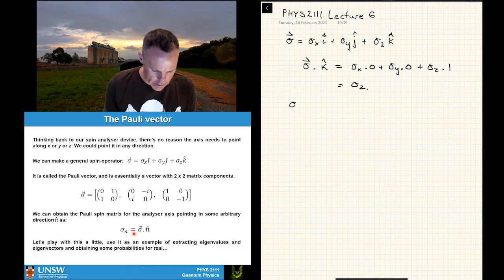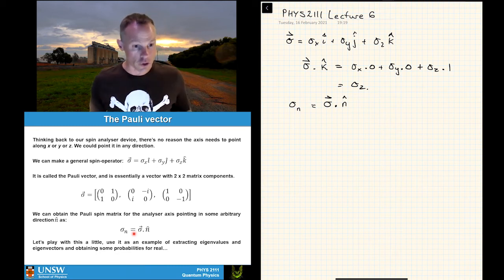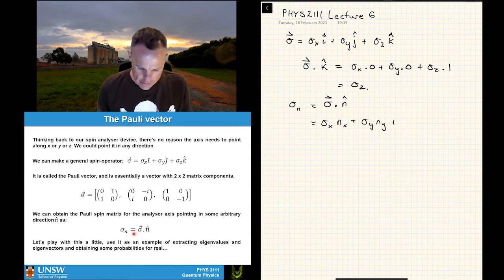So we have a sigma n, and that sigma n is equal to our Pauli vector dot product with our direction of interest n hat, okay? This thing would be sigma x nx plus sigma y ny plus sigma z nz.